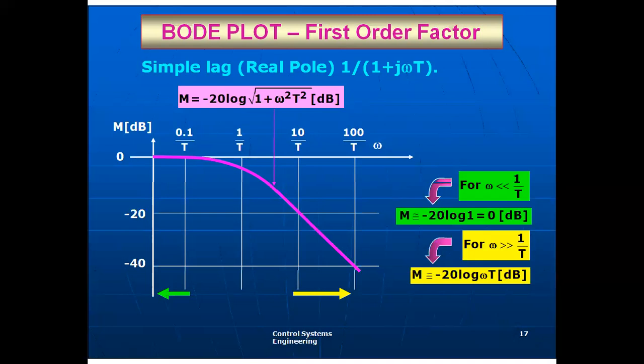This term becomes log of square root of omega square T square, which is now minus 20 log of omega T. If you vary omega, starting from this point to this point, 1 decade apart, you'll get a magnitude of minus 20. So this first order system will contribute a slope of minus 20 decibel per decade.